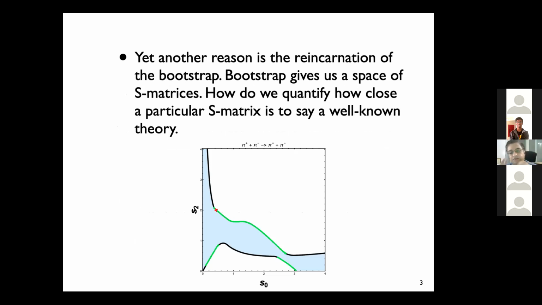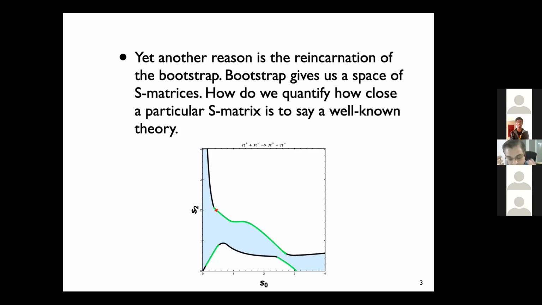Another reason, and this is one of the main reasons why at least I got interested in this problem, was because there was this recent attempt to reincarnate the S-matrix bootstrap. And I will briefly review the philosophy of the S-matrix bootstrap. So basically, the bootstrap gives us a space of S-matrices because it gives you a bunch of allowed theories.